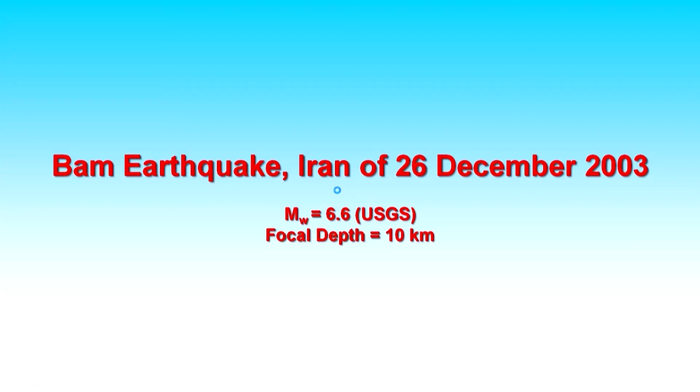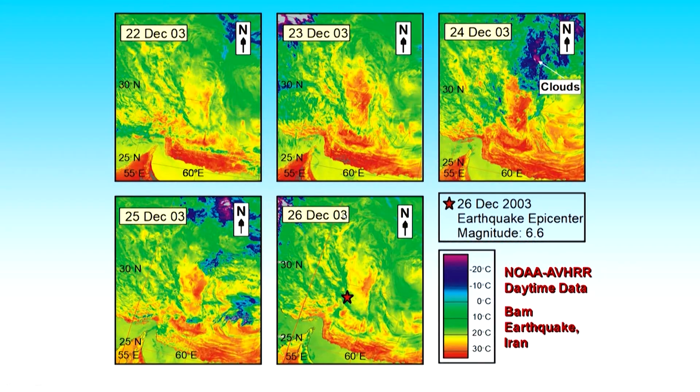Now I am going to take the example of the Bam earthquake which occurred on 26 December 2003, magnitude 6.6. The data was acquired by our own earth station, that is IITR CES. So now we have full control on the time series, and when we analyze the data, we are putting here only those images which are most relevant.